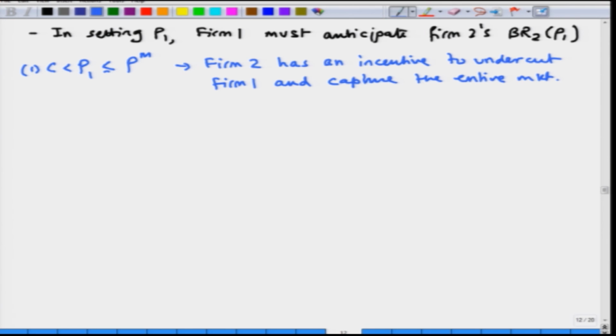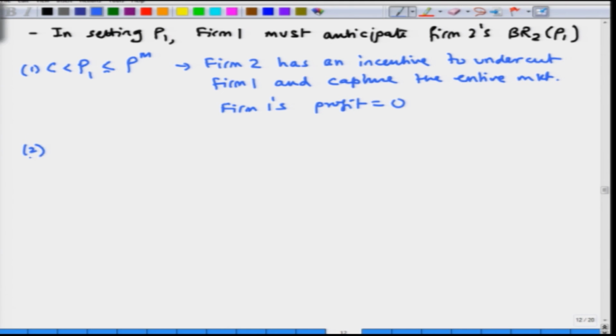So, whenever firm 1 sets a price between the marginal cost and, let us say, less than or equal to the monopoly price, firm 2 essentially undercuts firm 1 and steals the entire market. So, firm 1 is not going to get any demand and firm 1's profit is going to be 0.